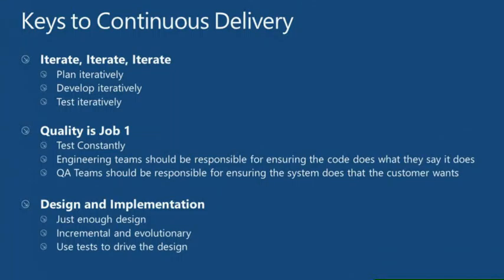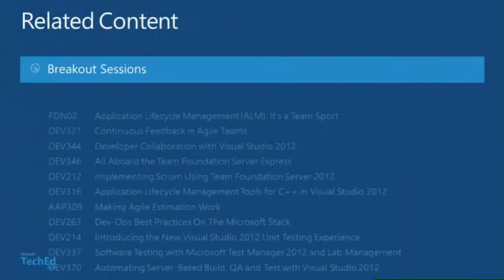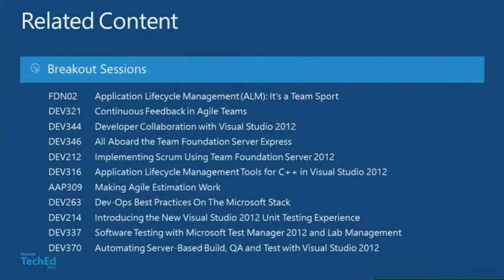That means there's less to regress. There's just less things that can go wrong, and the developers know that somebody's going to see the code they're writing really soon, which means they feel much more invested in the quality of that code than they ever were before. So all of these things build towards that continuous delivery ideal.